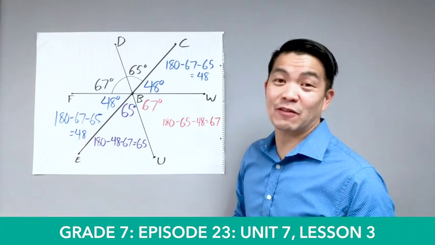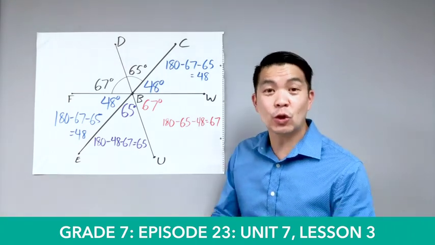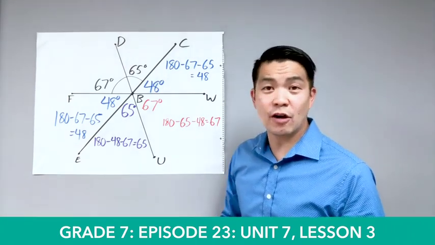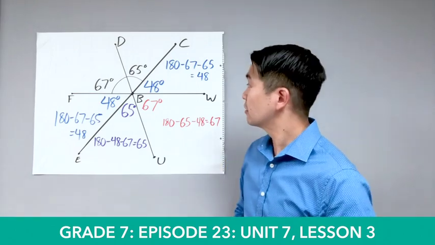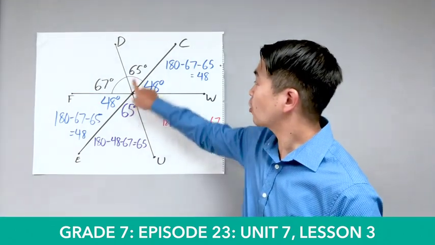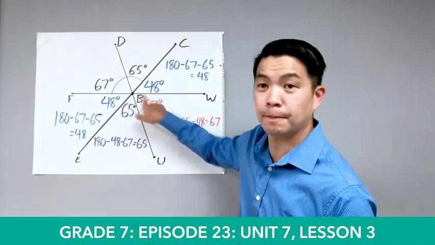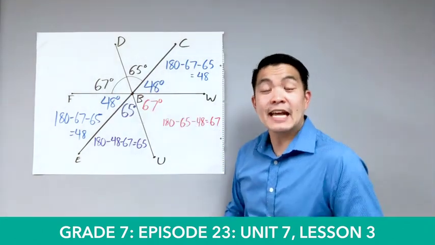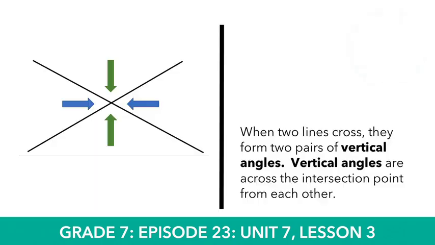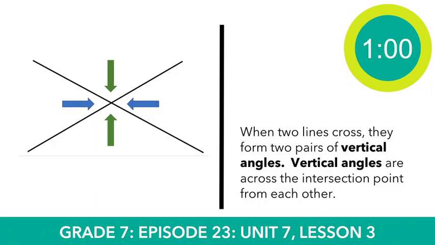These pairs of angles have a special name. They're called vertical angles, not in the sense of vertical and horizontal, but in the sense of they are across the same vertex. Take some time now to jot down the definition of vertical angles in your notes.